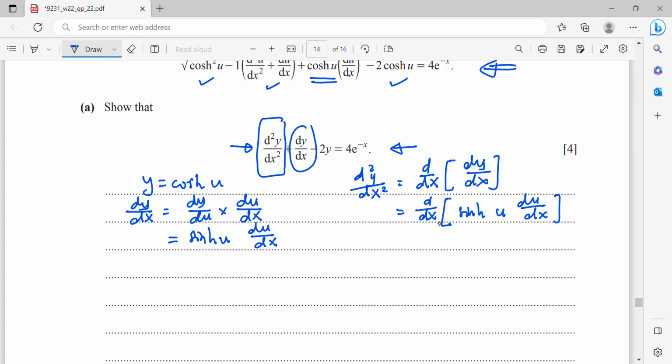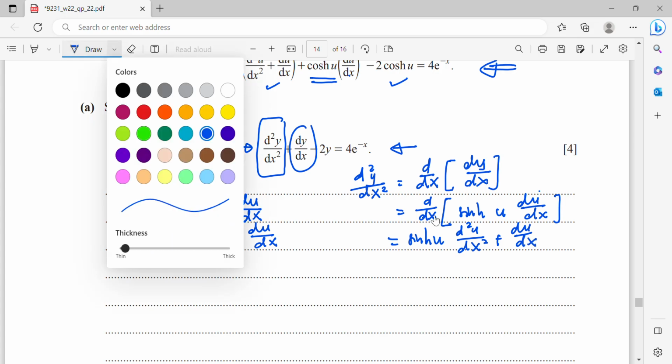Now, when you need to differentiate sin u du over dx with respect to x, we have to apply the product rule. So keep the sin u, differentiate du over dx with respect to x. Since this is the same variable, you will get d squared u over dx squared, plus keep the du over dx and differentiate the sine.